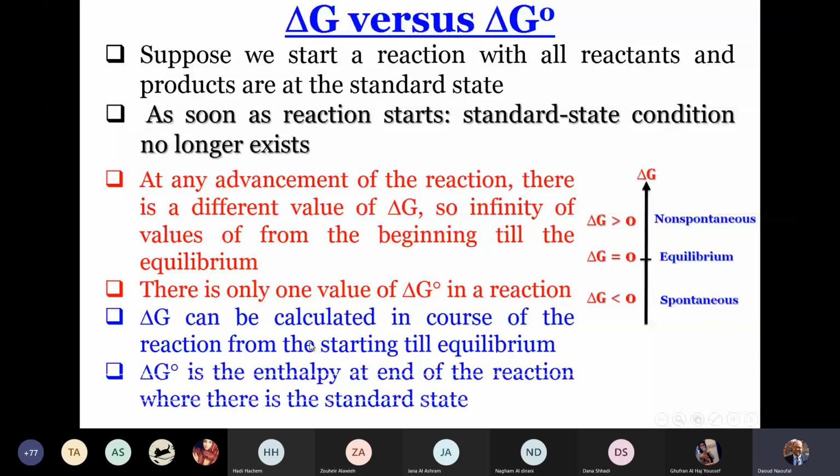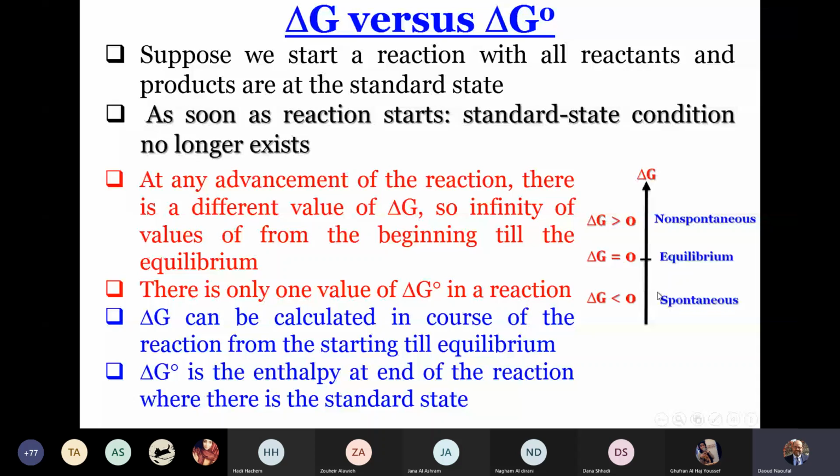And we have one value of delta G0, which is the free enthalpy at the end of the reaction where there is the standard state. In other words, I start a reaction with delta G negative, so my reaction is spontaneous.